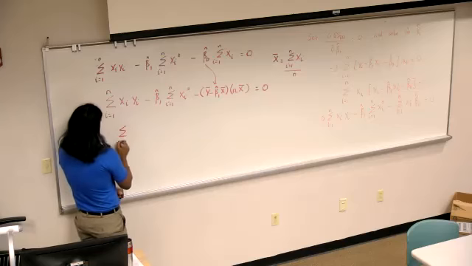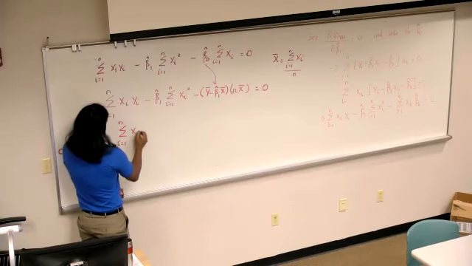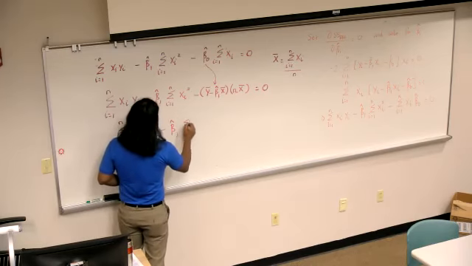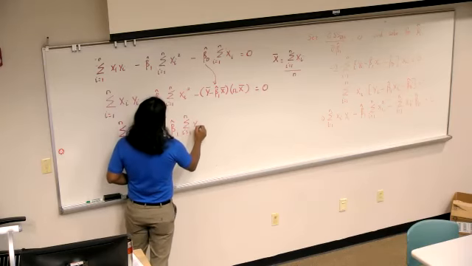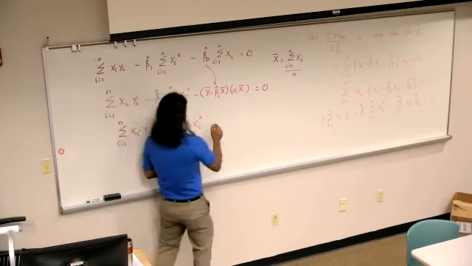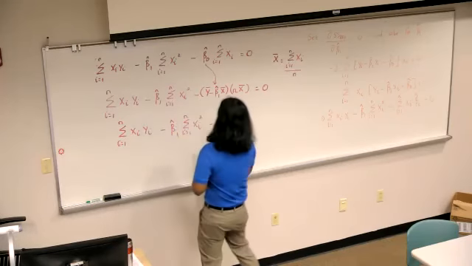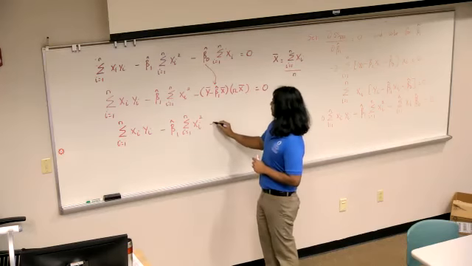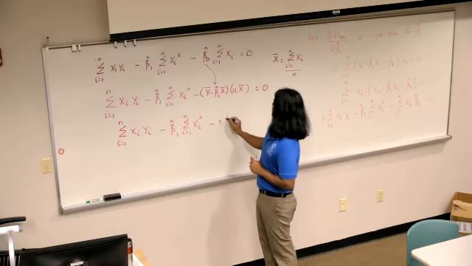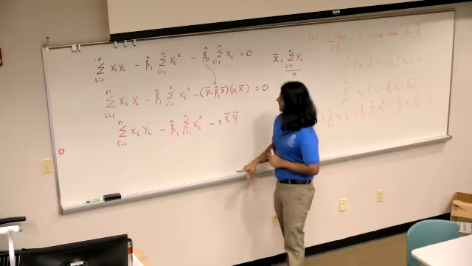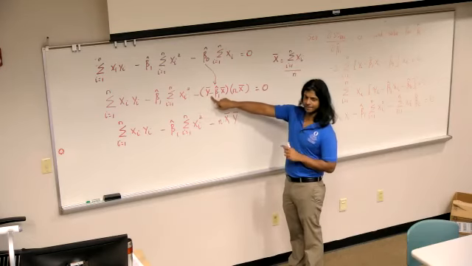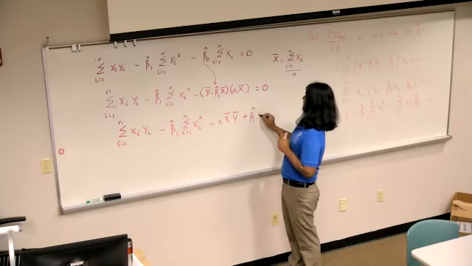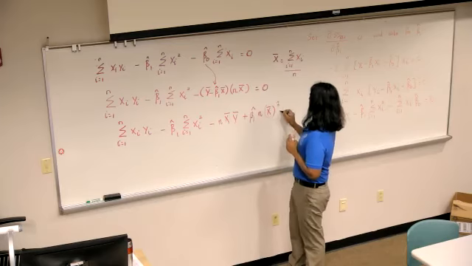So sum i equals 1 to n xi yi minus beta 1 hat sum i equals 1 to n xi squared minus n x bar times negative y bar. So negative n x bar y bar. Negative times negative is positive, plus beta 1 hat n x bar squared.